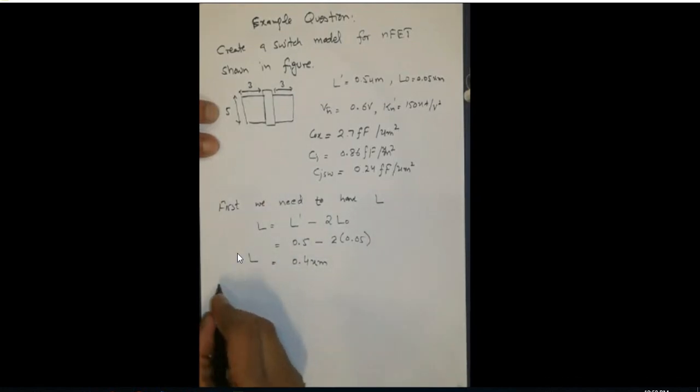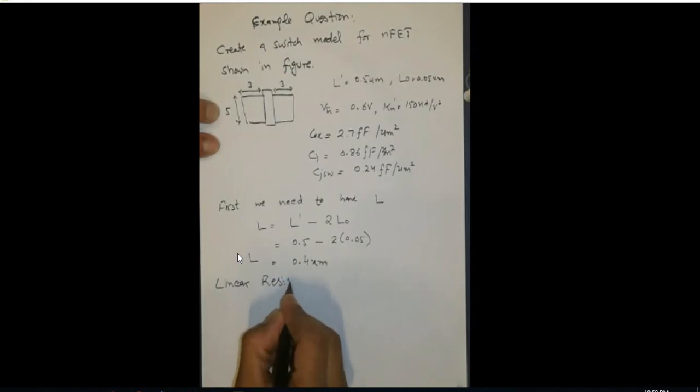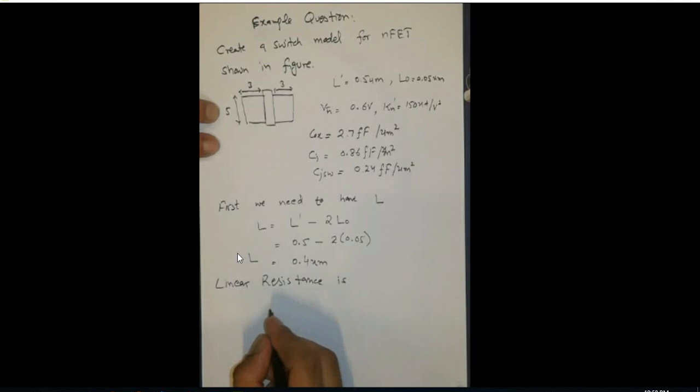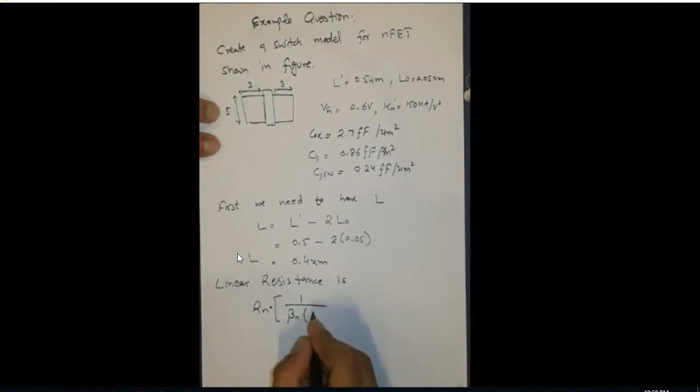This is given by linear resistance is Rn, which is equal to 1 over beta n into VGSN minus VTN.